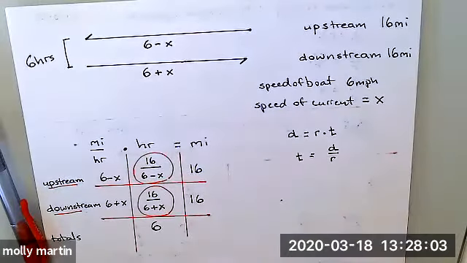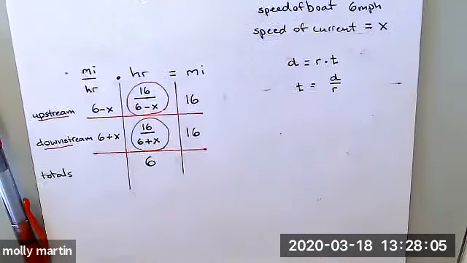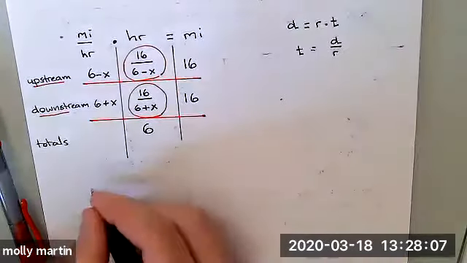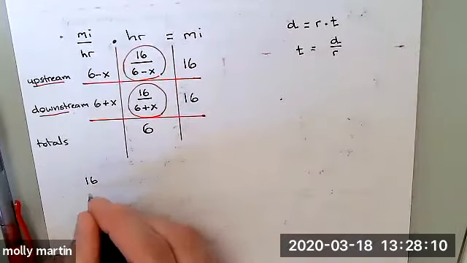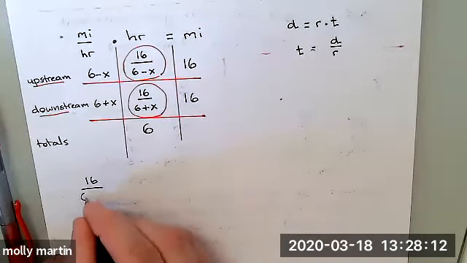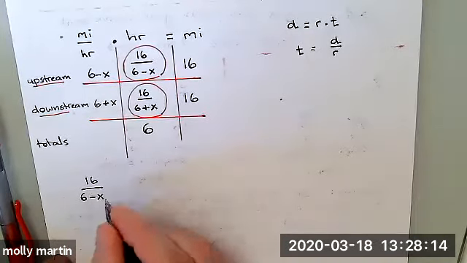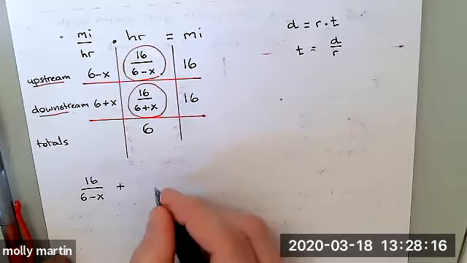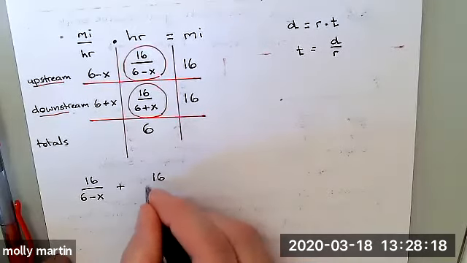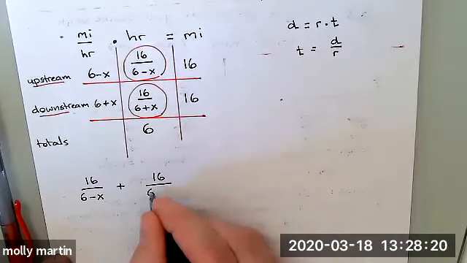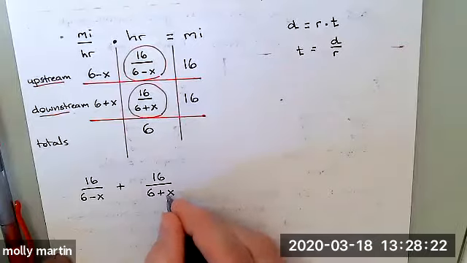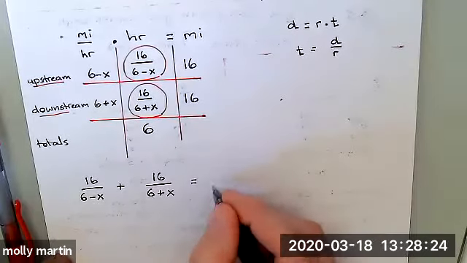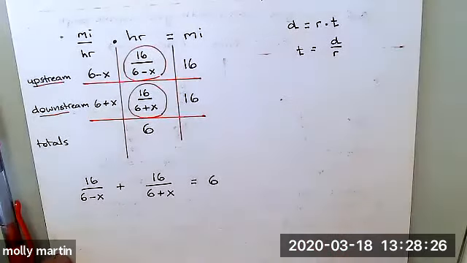So the equation will be 16 divided by 6 minus x plus 16 divided by 6 plus x is equal to 6.